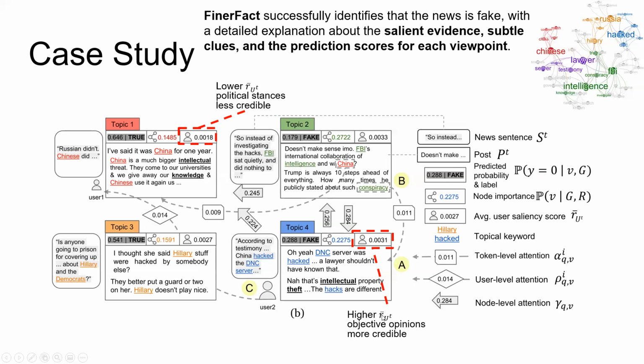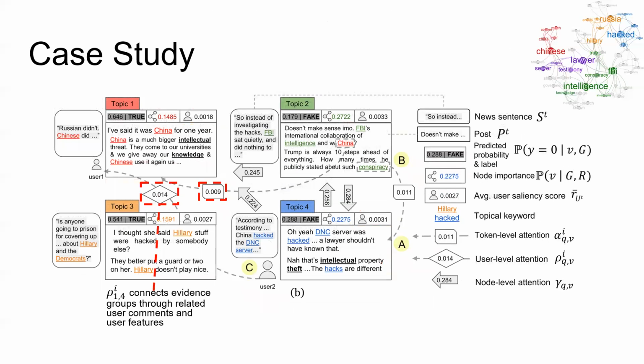A higher average user score means that the users might express more objective opinions and might be more credible. The score in the diamond shape is the importance of the information that connects different evidence groups through user comments.